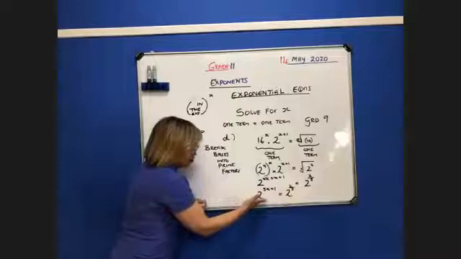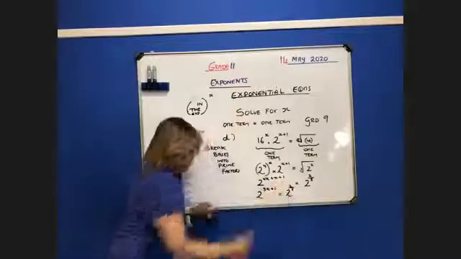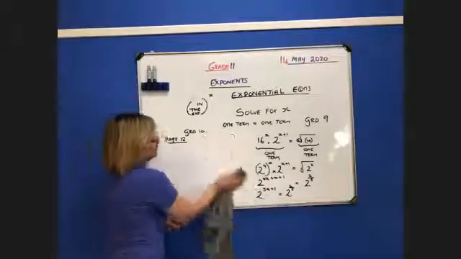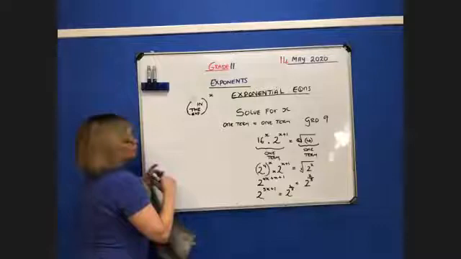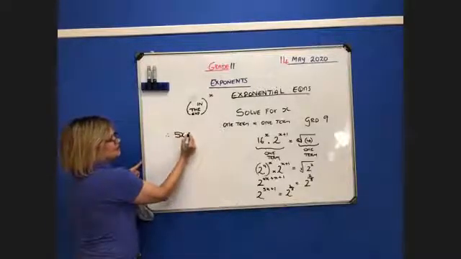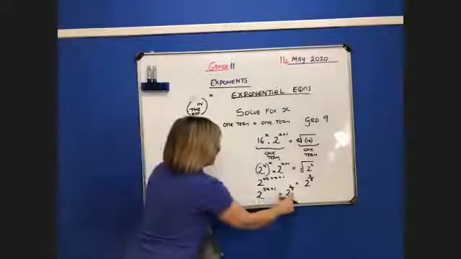Now, if it's 1 term, same bases, I just equate the exponents. Now, don't panic that there is a fraction. You're just going to say 5x plus 1 equals 2 over 5.